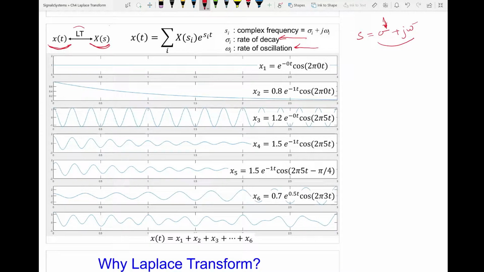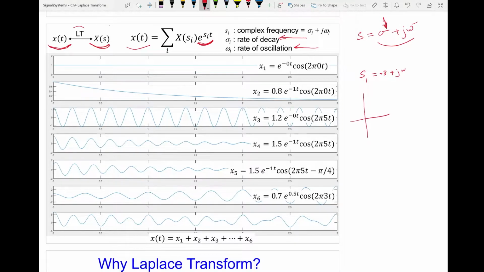So you can think of the Laplace domain as an indication of the different frequency content in the signal x of t. If I have all these exponentials, which are basically e to the s_i t, s_i could be, for example, let's say s1 is 3 plus j4 and or minus 3.